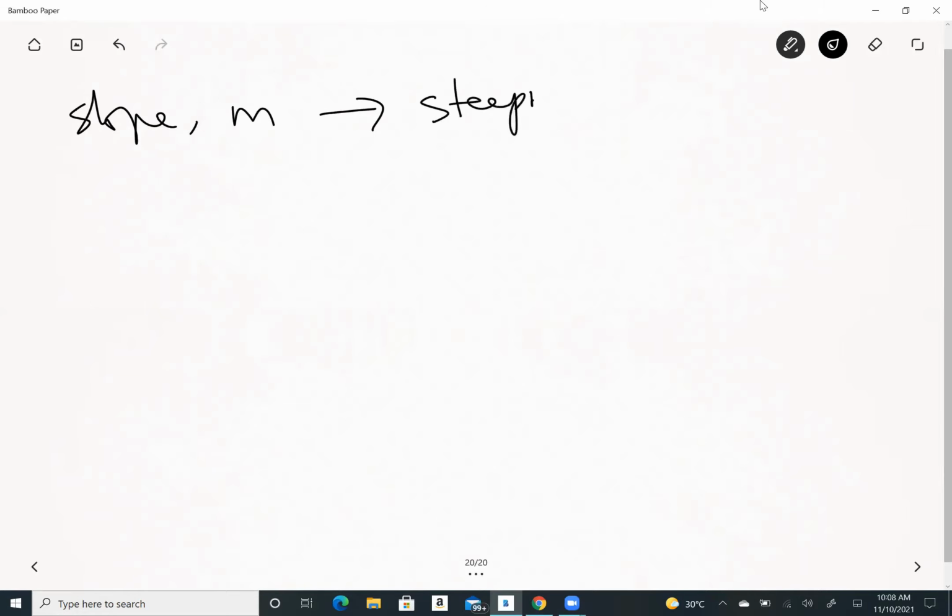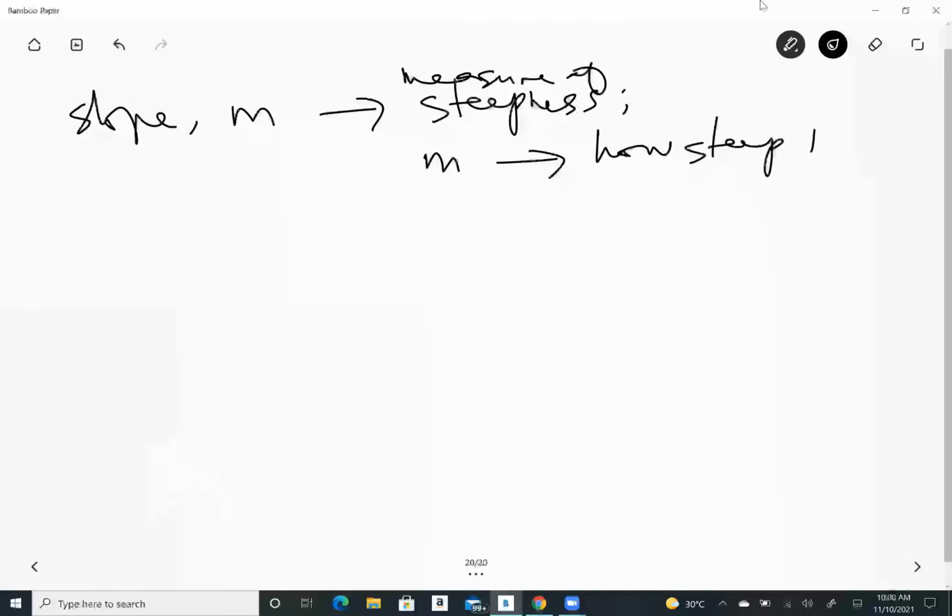It's a measure of steepness. So slope is a measure of steepness of the line. That means the value of m will give us an idea how steep the line is. So that is the slope.